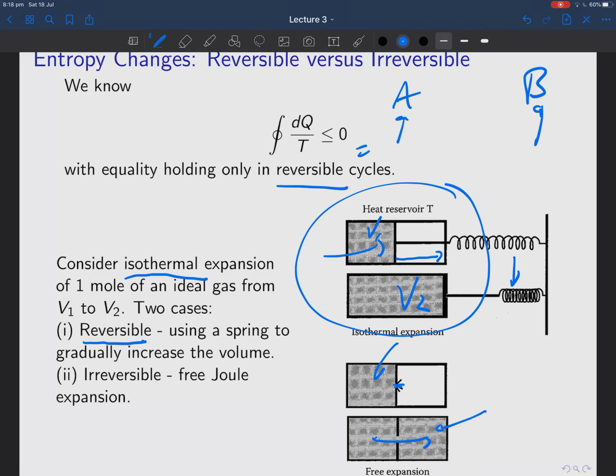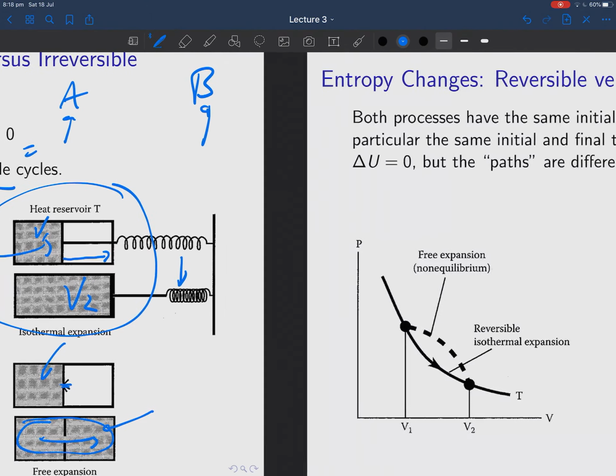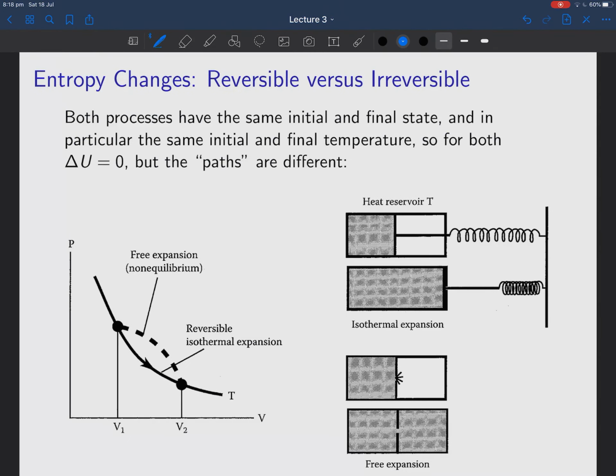Okay, so they're both starting in the same place, this one, and ending in the same place, which is that one. So the entropy change in both those processes of the system, of the actual system itself, the gas, has to be the same. Okay. So let's do the reversible one first, where here's our pressure-volume diagram at constant temperature.